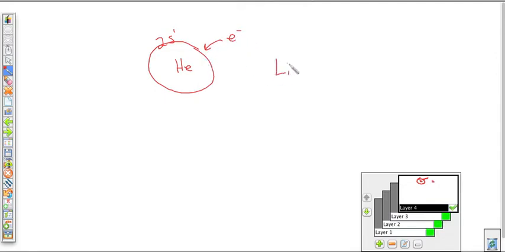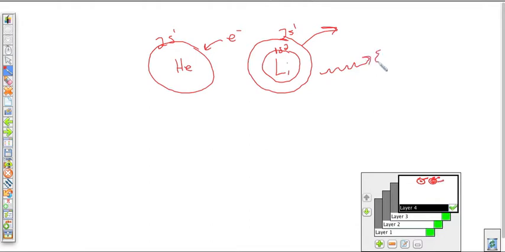Now, lithium, on the other hand, already has this extra electron, so it's got this 2s1 and this 1s2 right here. When I take away this electron, it increases the stability of lithium. Anytime an electron is added or taken away and it increases the stability, getting it closer to that full shell, we would say the energy change is negative, in the sense that it gives off energy.